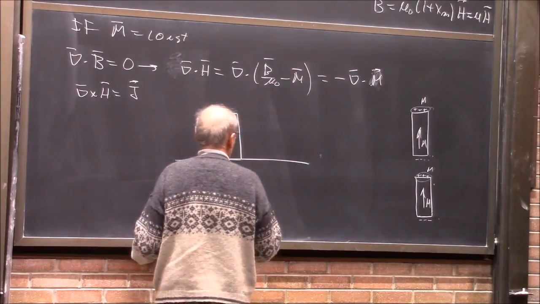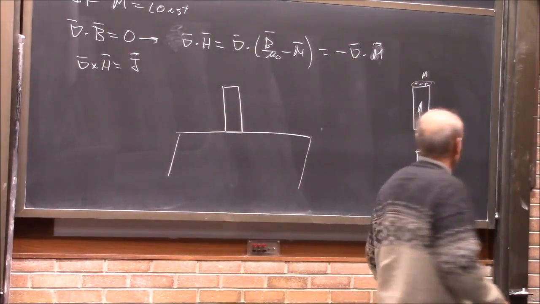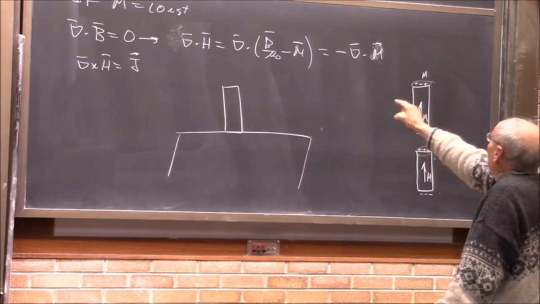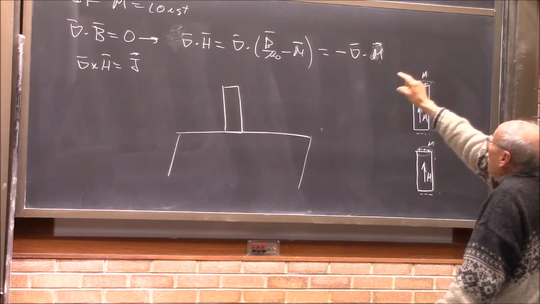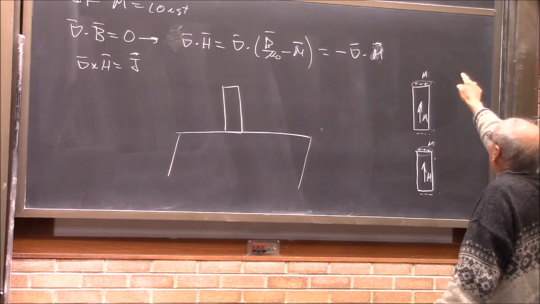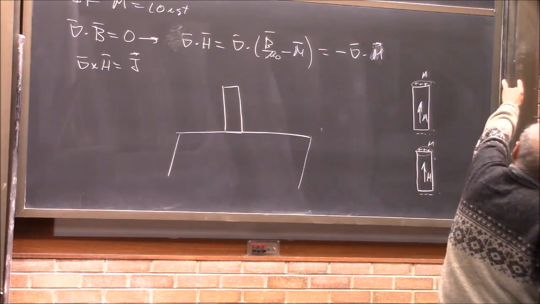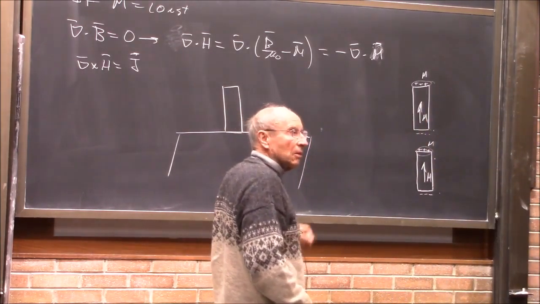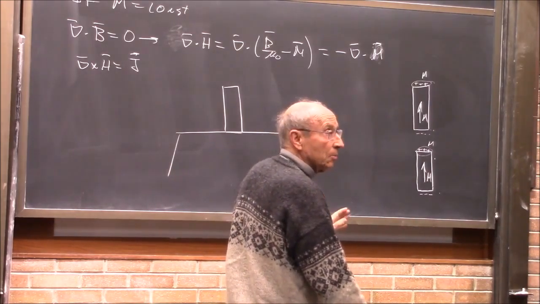Okay, now, since M is a constant and BH was equal to that stuff up there, this corresponded to saying that H would be 0 inside this material, because the boundary conditions were that B had to be the same.